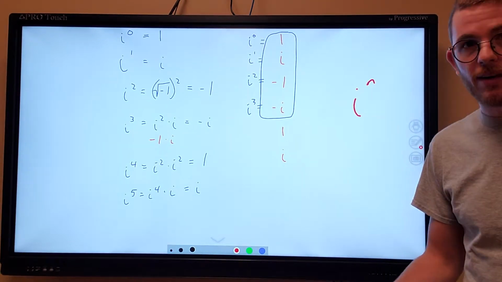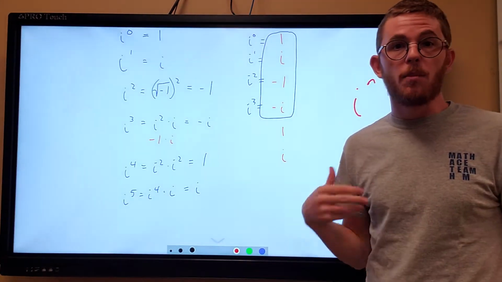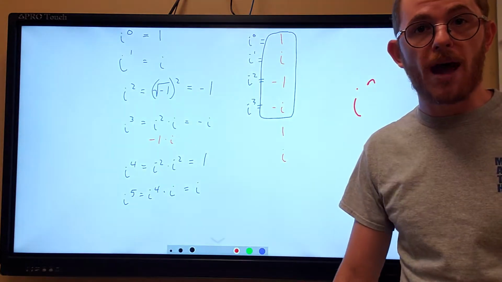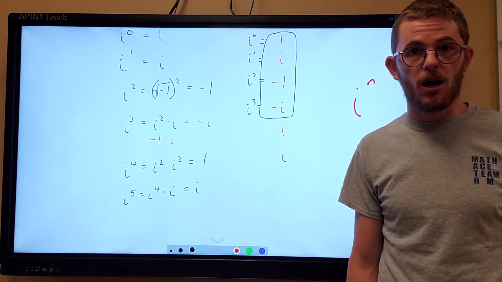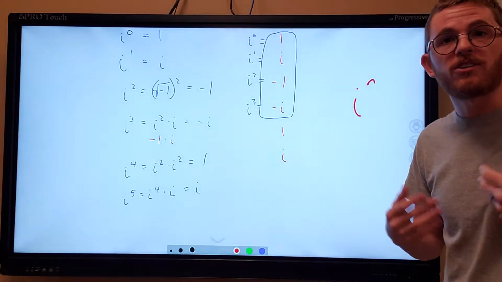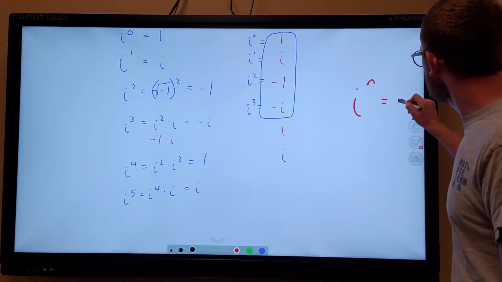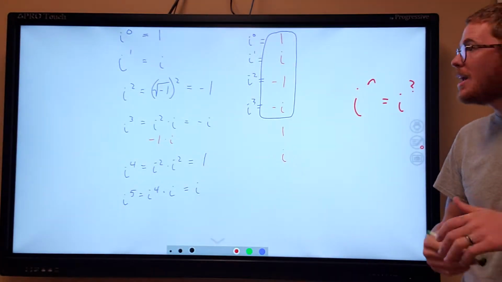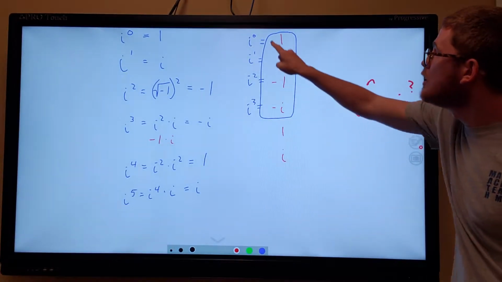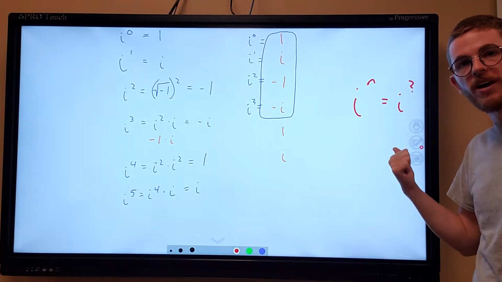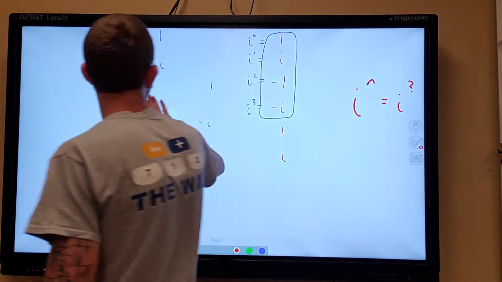I've seen it on the SAT, the ACT, and on placement tests for what math you're going to take in college. I raised to some power, we want to simplify it. We want to know this is equal to I to what power? And if we know what I raised to each of these things are, simplifying these is easy.